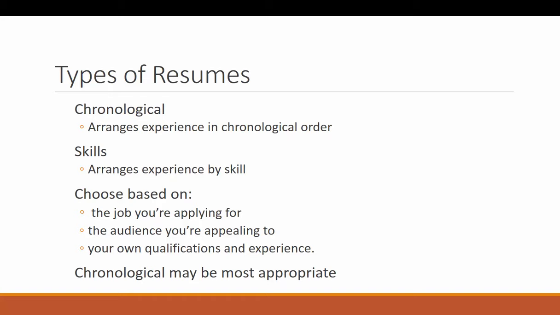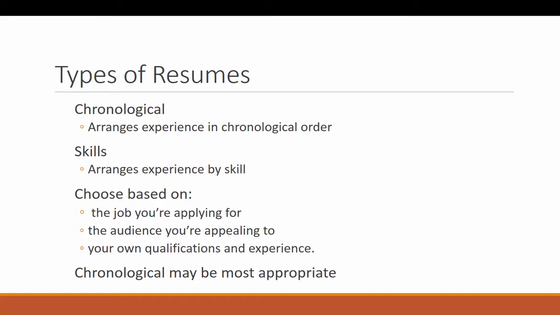The textbook offers two really good models here of why one might choose a chronological resume or a functional resume, depending on what you're trying to do. You want to choose based on what you're applying for, who you're trying to appeal to, and then your own qualifications and experience. For those of you with less experience, you might find that the chronological resume is your best choice because you don't have a lot of information or relevant experience to convey to your reader.